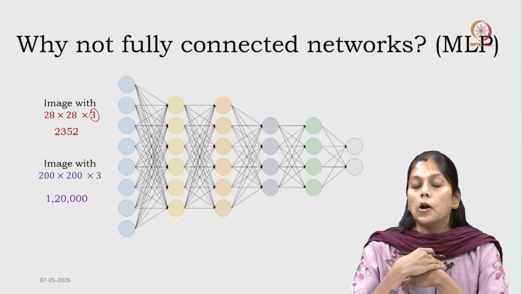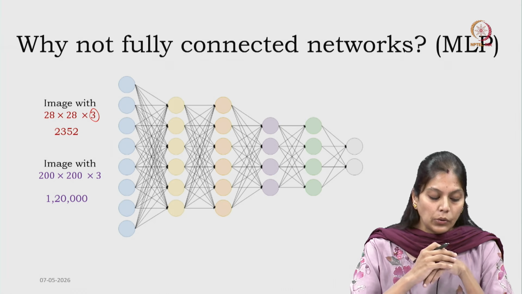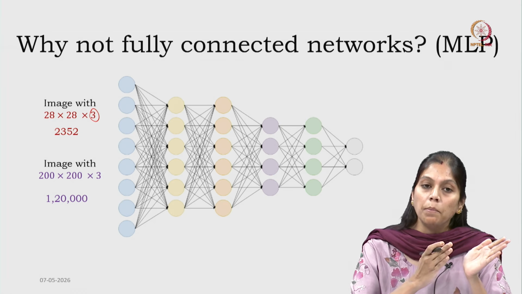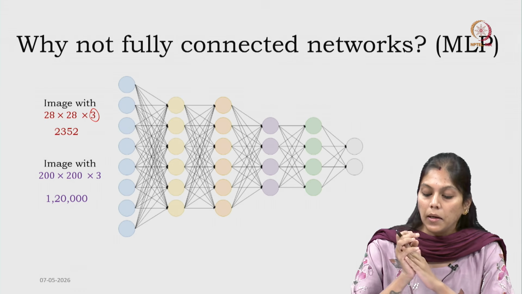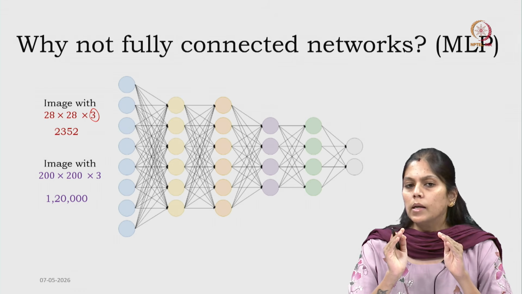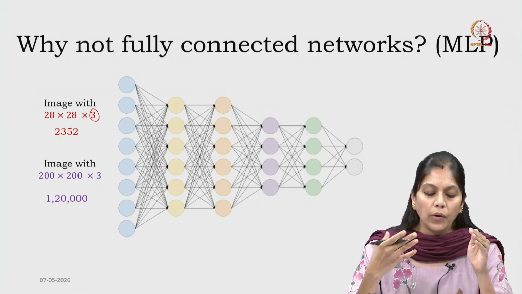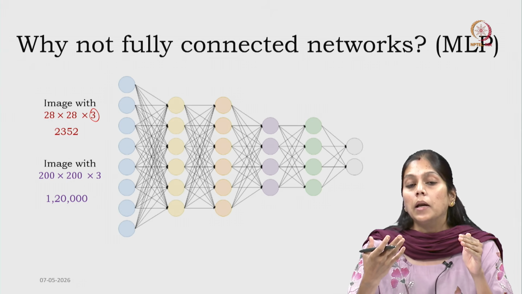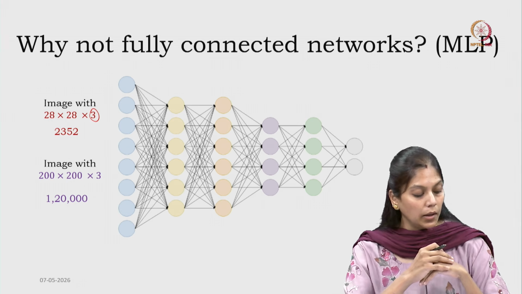Is that not very huge? This is the size of the input that we pass into a multi-layer perceptron. This is the reason why we cannot use a multi-layer perceptron when dealing with images.